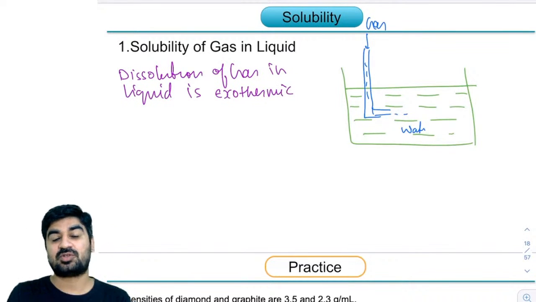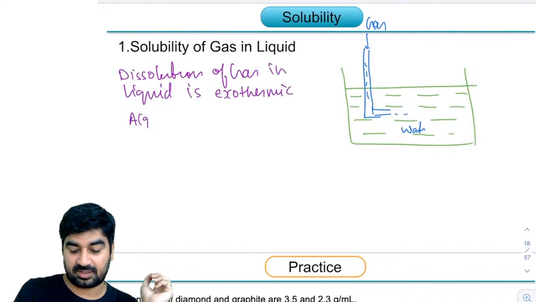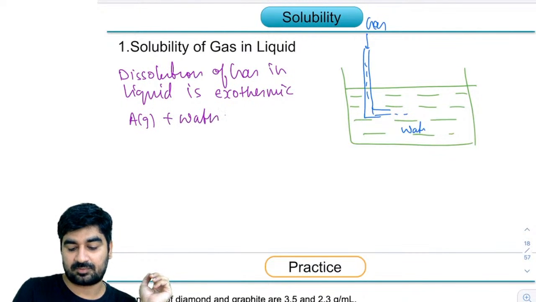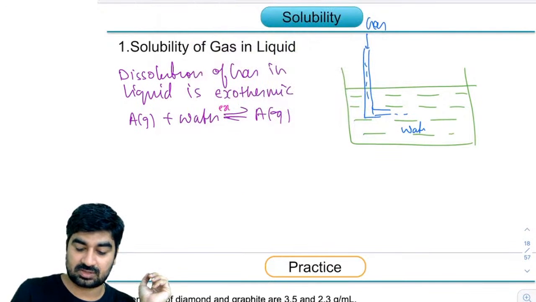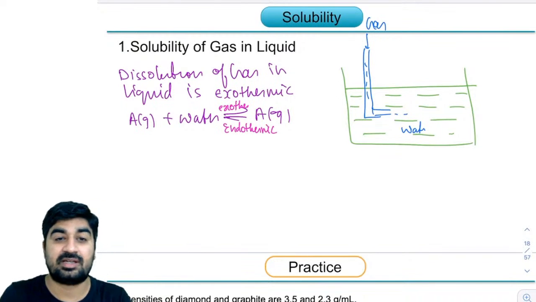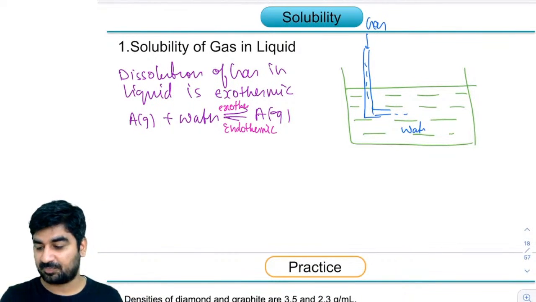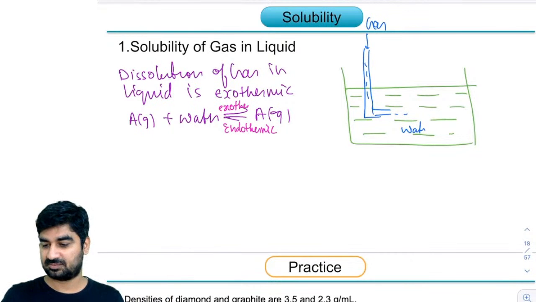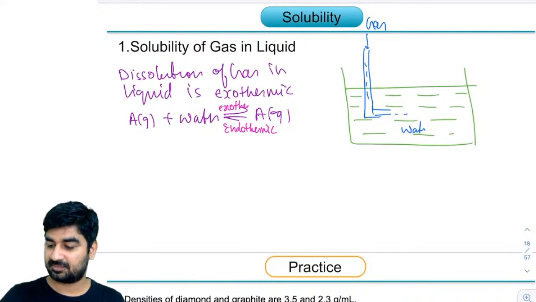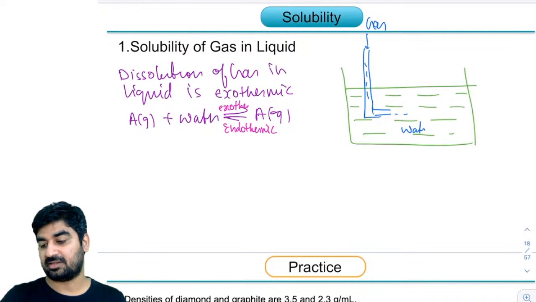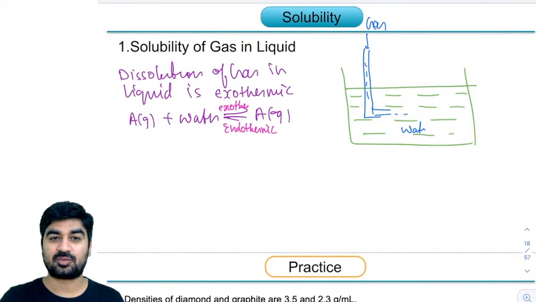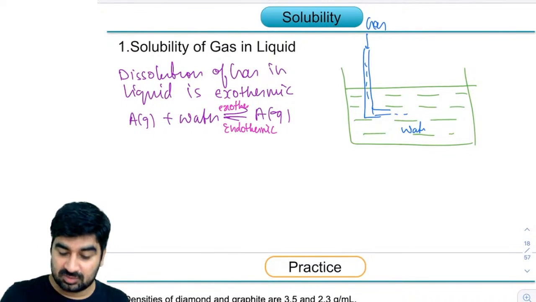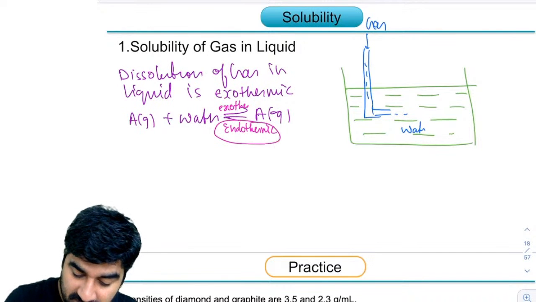And if dissolution of gas is exothermic, suppose I'm writing gas plus water giving you an aqueous solution. If this forward process is exothermic, the backward would be endothermic. So tell me, if I increase the temperature, in which direction will the reaction move?